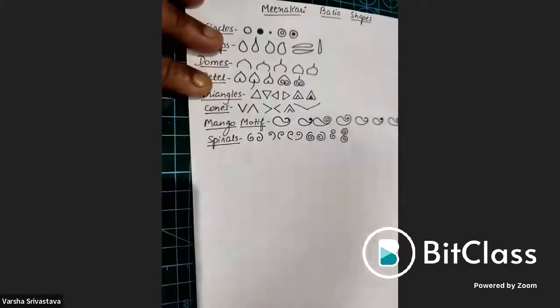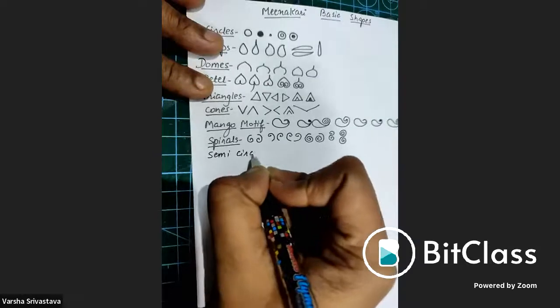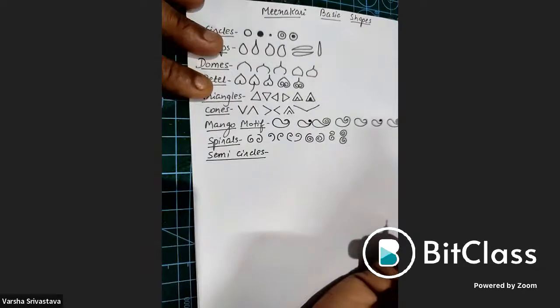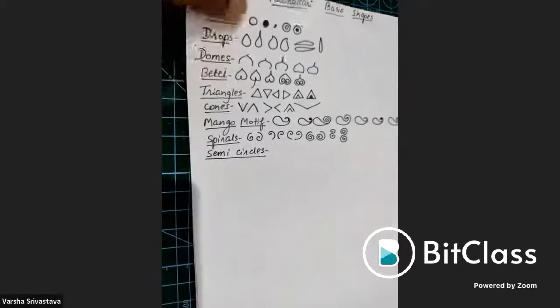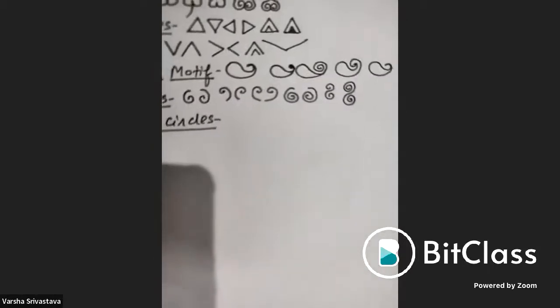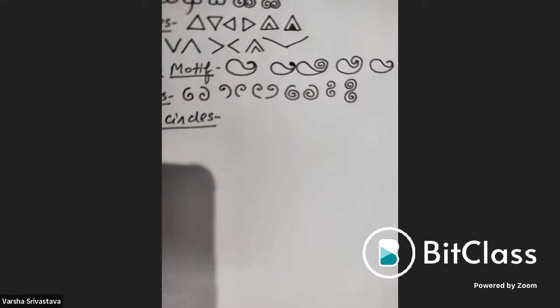All right. Proceeding further, I'm going to make the semicircles now. Semicircles. Please zoom. Okay. Can you see this? Priya and rest of the people?